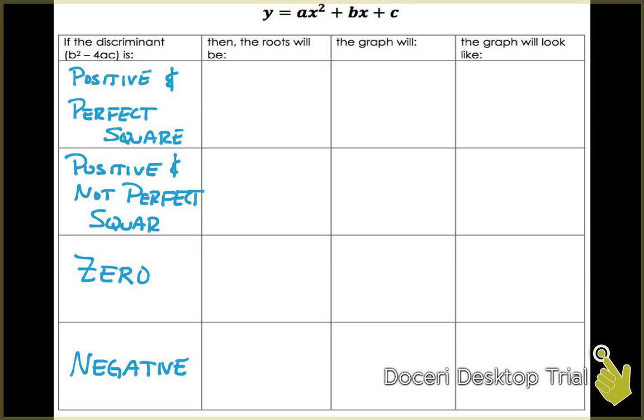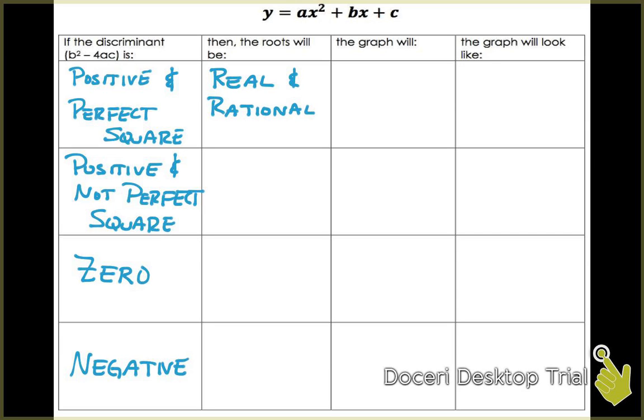So those are the four things that can happen. We're going to talk right now about what they do to the roots and what the graph is going to look like. So if it's positive and it's a perfect square, it means that the roots are going to be real. There won't be any i's in them. And rational.